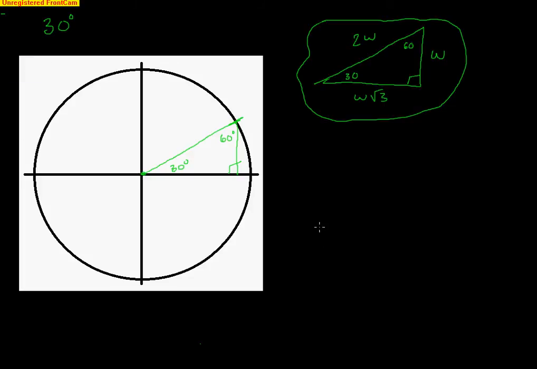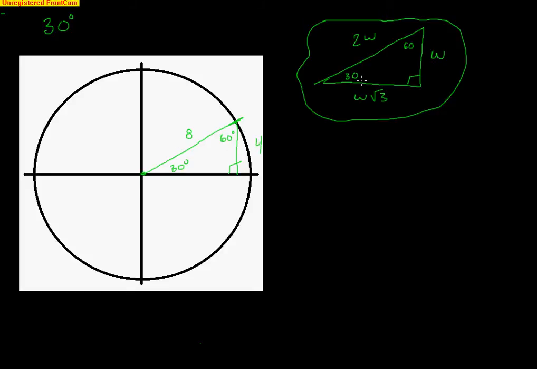All right, so in this triangle right here, let's say that we have a hypotenuse of, or I'm sorry, this is the radius. I guess you could also look at it as a hypotenuse. Let's say that we once again have a radius of 8. Well, think about this. If the hypotenuse is 8, the side across from 30 must be 4.